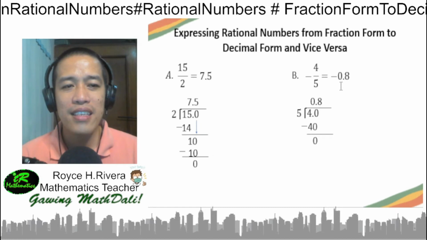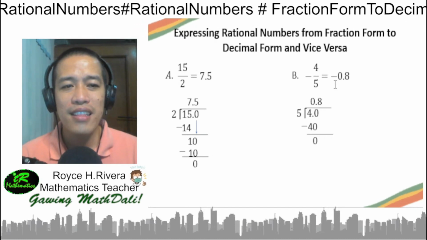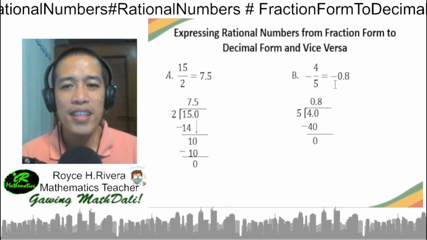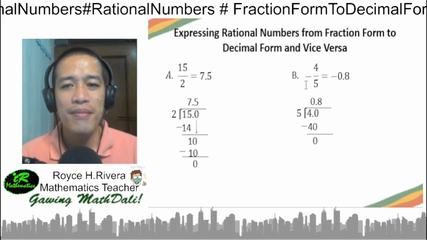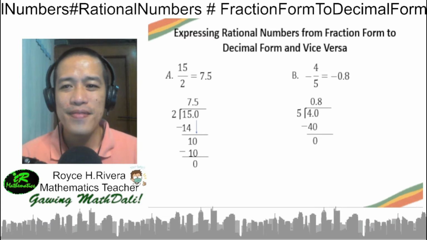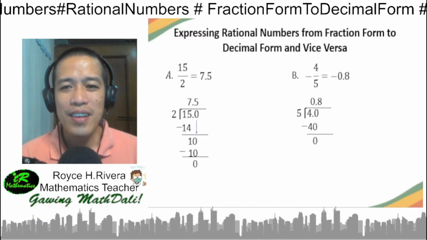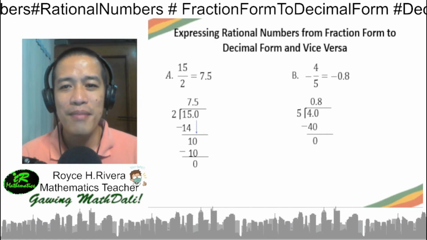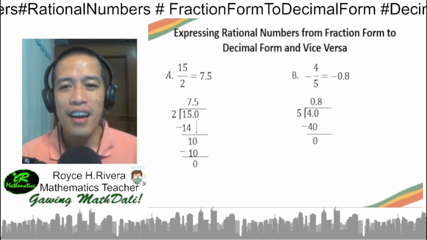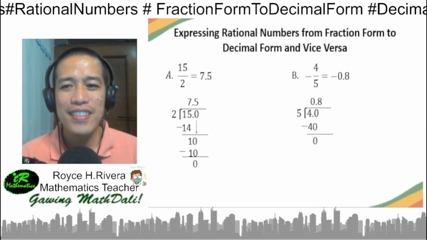And we place the negative sign to 0.8 because 4 over 5 is negative. So, ganun lang ang gagawin ninyo para maging decimal form ang isang fraction.